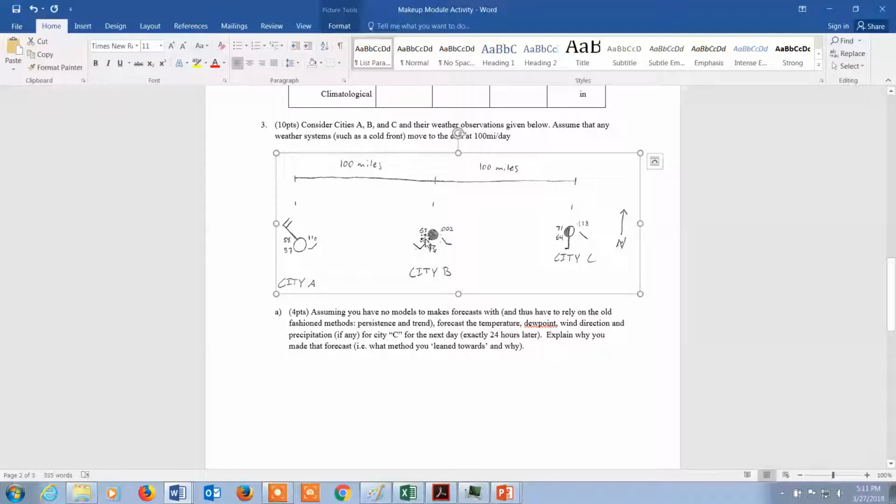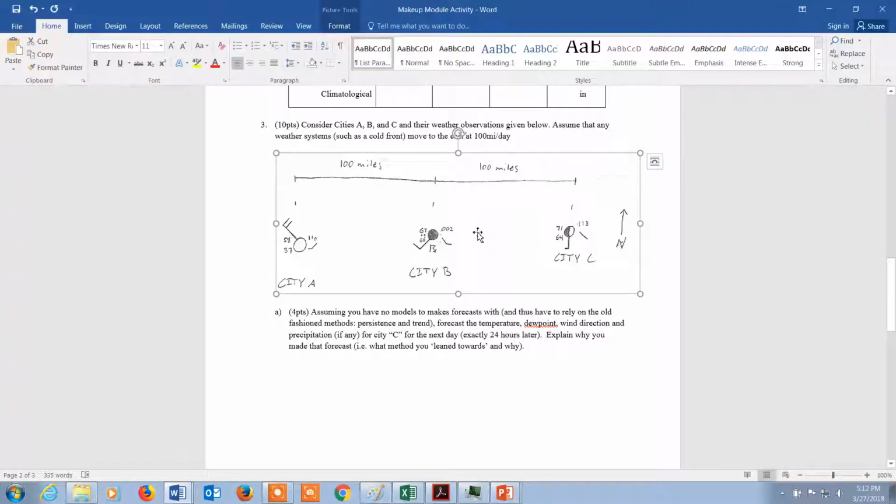Well, luckily, City C is 100 miles to the east. So whatever City B's weather is today, it's going to be City C's weather tomorrow.